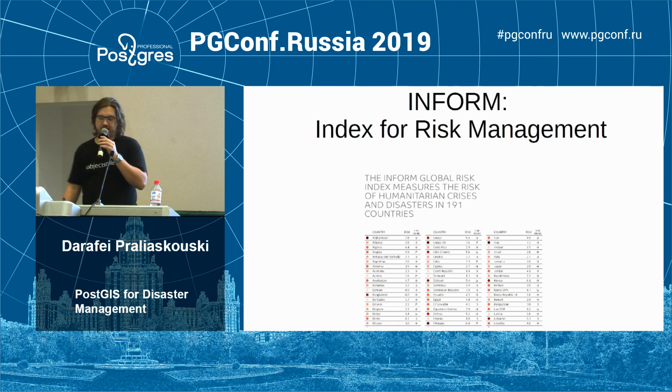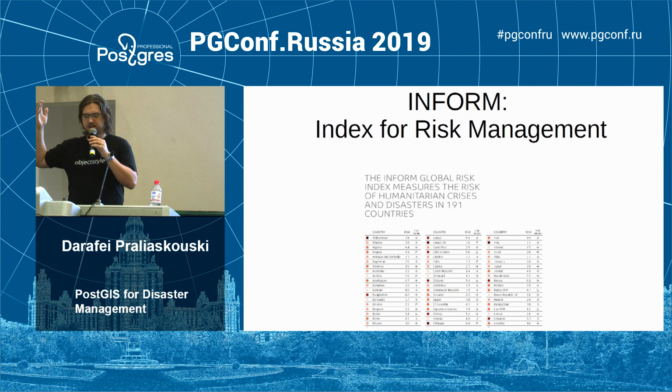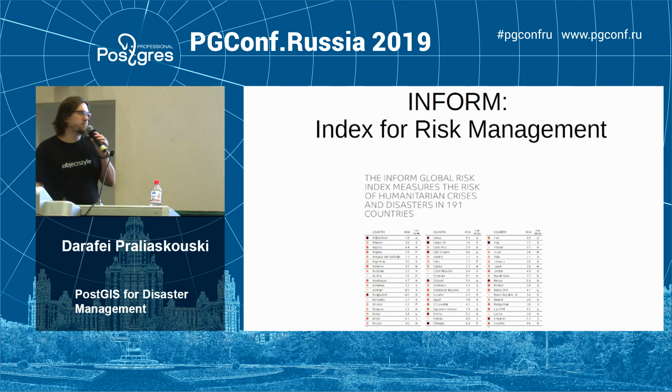This is the European Staff Inform Index for risk management. This is a large table that includes all countries, and it says that this country does this. It has so many percent of this stuff. For example, so many hospitals per 1,000 people. All the parameters are in there.